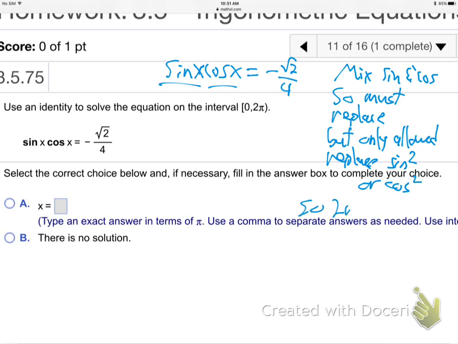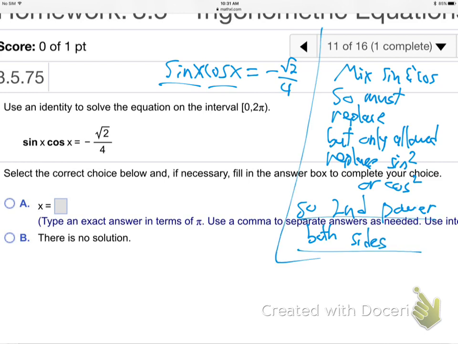So second power both sides. That's my thinking. So I go, okay, got a second power both sides. So take this side, go 2 power, this side 2 power.